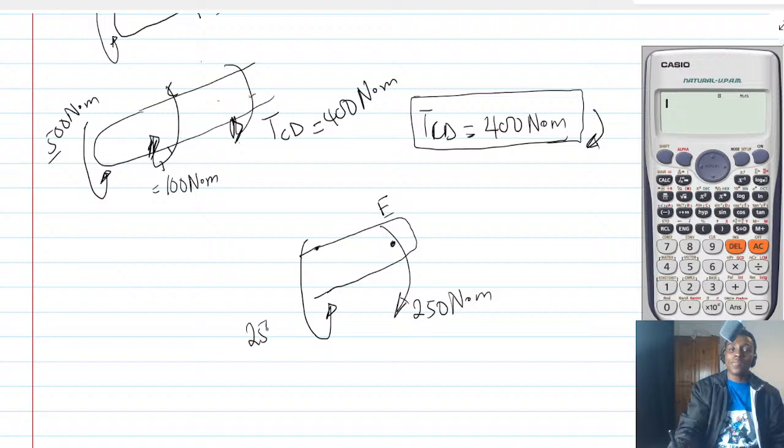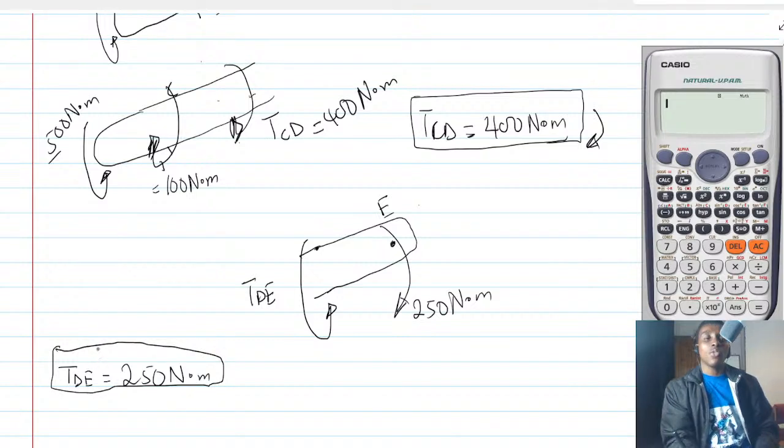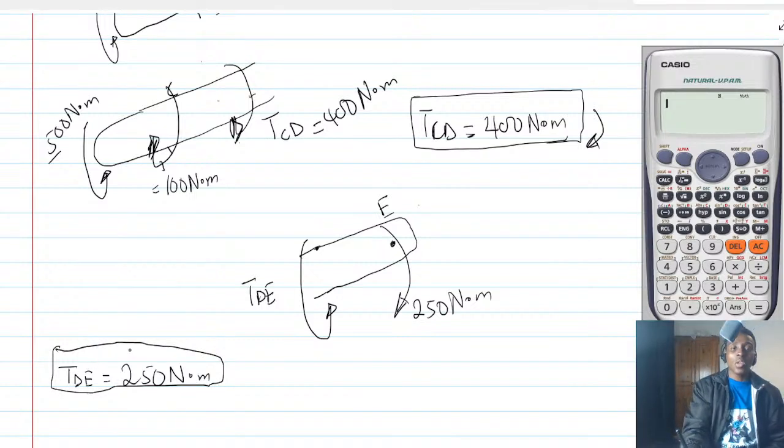So let's call that TDE. That is the torque in DE. So essentially TDE must also be 250 Newton meter. So the torque in section DE is also 250, right? Okay.